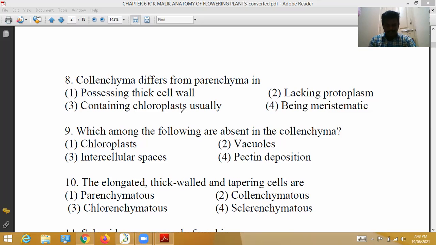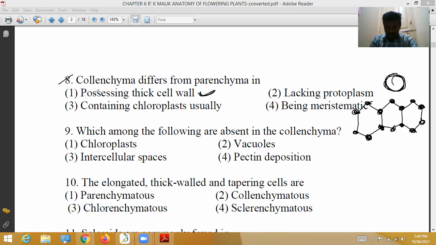Collenchyma differs from parenchyma in possessing thick walls, having deposition of pectin at the corners. So collenchyma is different from parenchymatous cells in possessing thick walls, having deposition of pectin. The first one is the correct option.